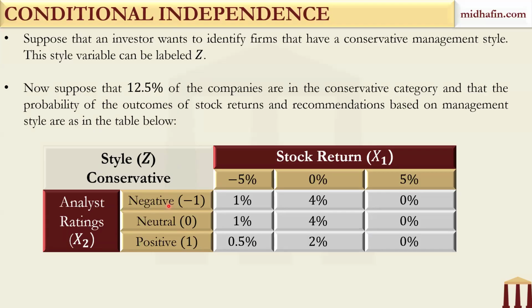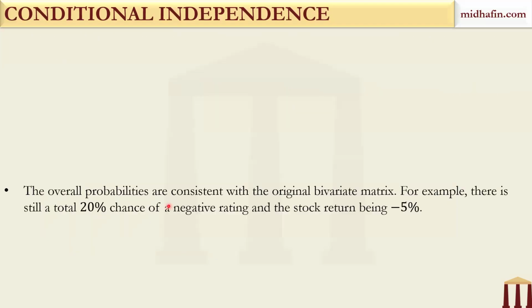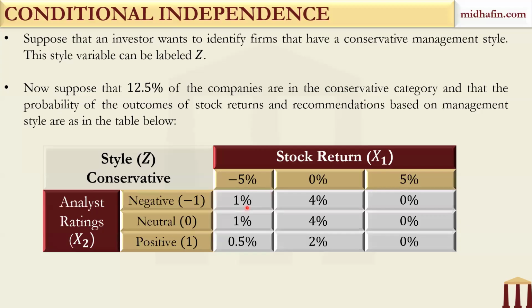Now tell me one thing. If you actually want to scale this up and you want to make this Z, only the conservative category companies, now your entire universe, what will be the scaling factor? Understand this question very carefully: you already know that you are in the conservative style category.